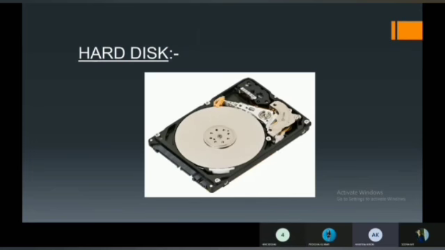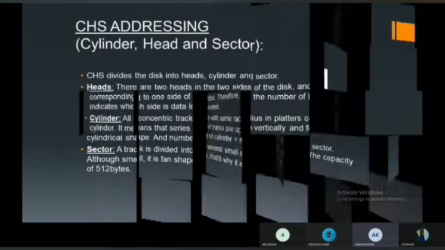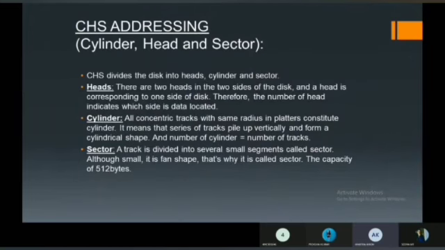As Sheetala said, there are two types of addressing. I will be discussing the first topic, CHS addressing. CHS addressing is cylinder, head and sector; the disk is divided into cylinders, heads and sectors.